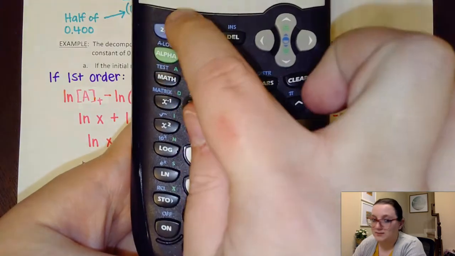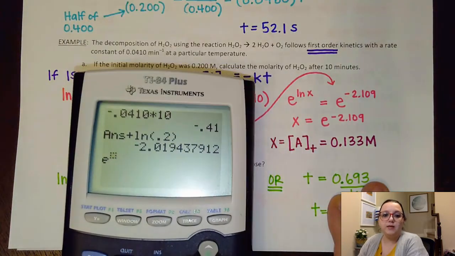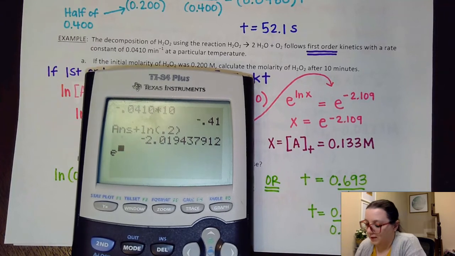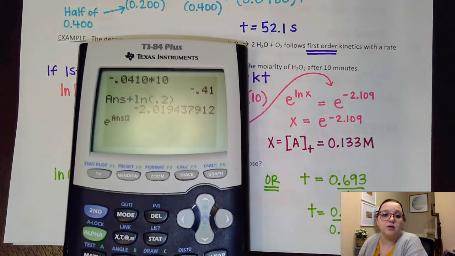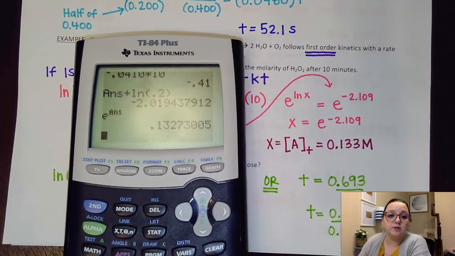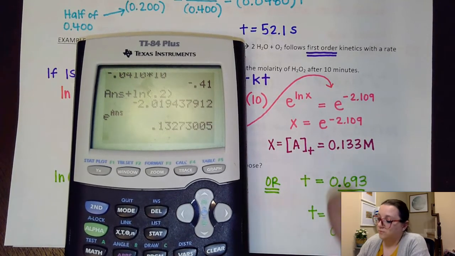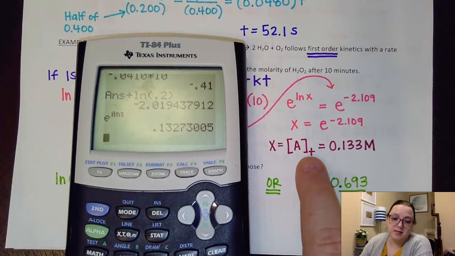So I want to hit second and that natural log button, and that'll put e into my calculator. And at this point, I can put the negative 2.109, or I can do second and then the negative button, because that'll put the answer in there. And then I just hit enter, and I see that that gets me my final answer for the concentration of A at that time of 10 minutes.